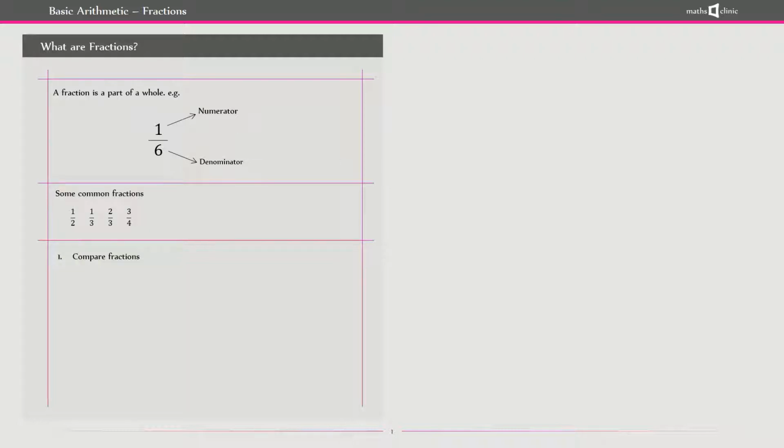So first we'll learn to compare fractions. All right, for example, here's something to consider. We have 1/2, 1/3, 2/3, 3/4. Let's use 2/3 and 3/4. Now if I give you a pizza, or let's say I have two equal pizzas, right?